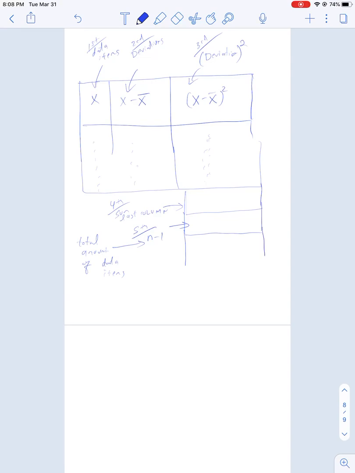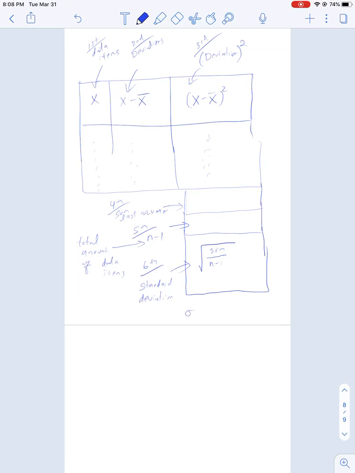And then our last step is your standard deviation. That's the sum of the last column divided by n minus 1, and we take the square root of that.